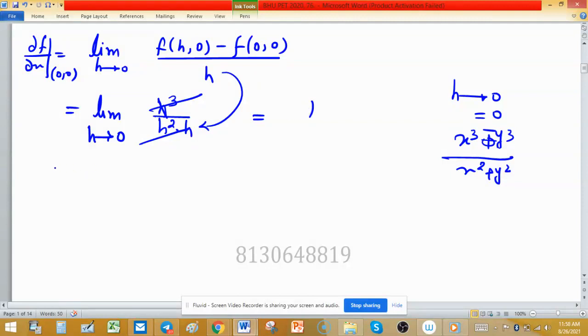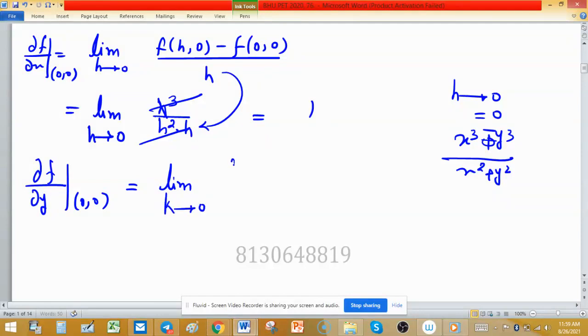The limit of a constant function is 1. Now the partial derivative of f with respect to y at 0, 0 can be found in terms of the limit k tends to 0 of f of 0 comma 0 plus k, or directly f of 0 comma k, minus f of 0, 0, divided by k.